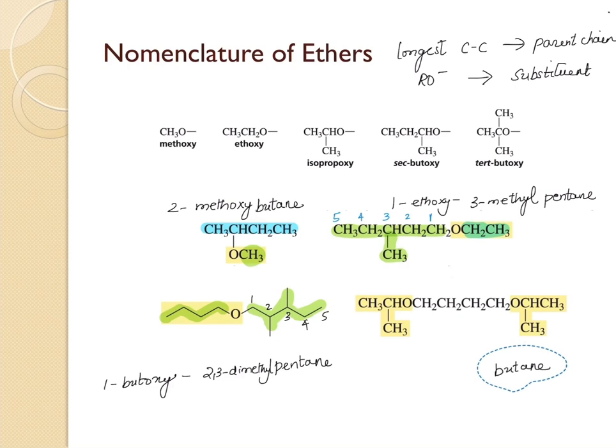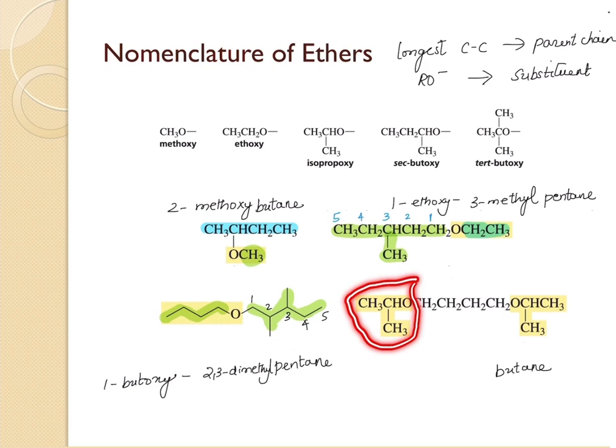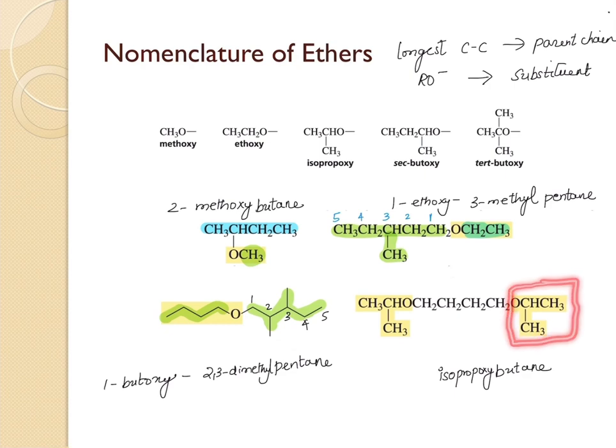And what is this group on the left? This is an isopropyl group. And remember, if this is going to be a parent chain, this should be our alkoxy group. And this is going to be isopropoxy. So on the whole, this is isopropoxybutane. But this isopropoxy group is repeated on the other side of the butane molecule, where you can see that this is another isopropoxy group.